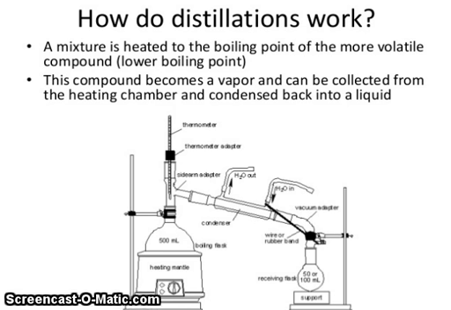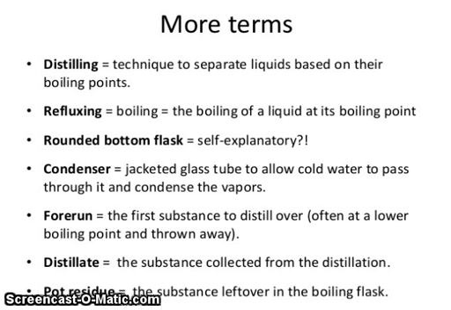How does distillation work? A mixture is heated to the boiling point of the more volatile compound. With a lower boiling point, this compound becomes a vapor and can be collected from the heating chamber and condensed back into a liquid. Look at this setup. Distillation is a technique to separate liquids based on their boiling points. Refluxing: the boiling of a liquid at its boiling point.